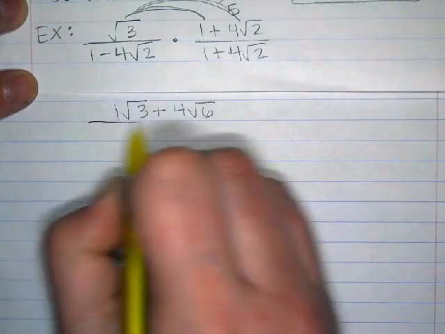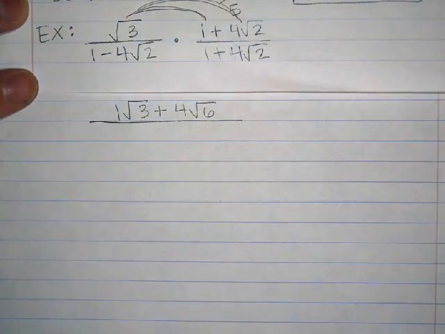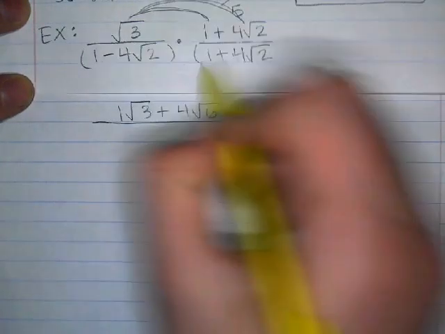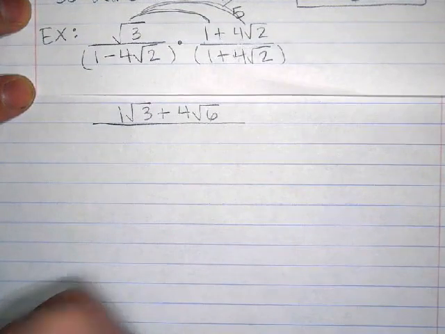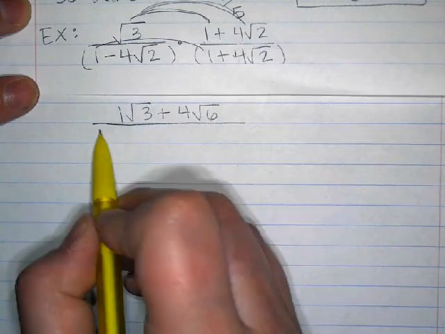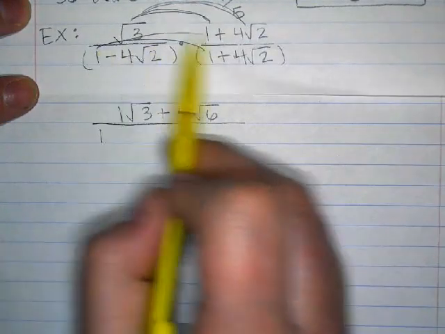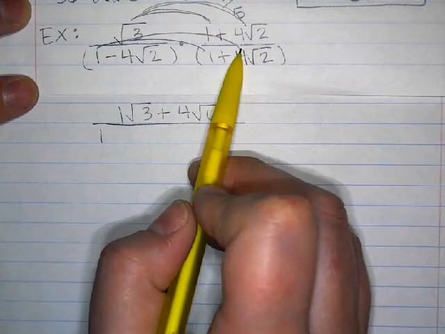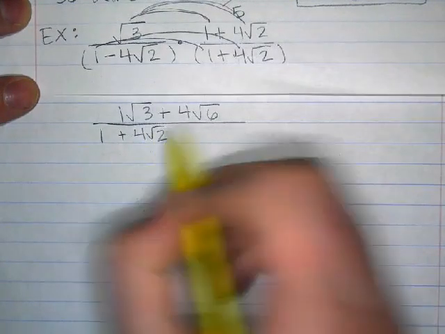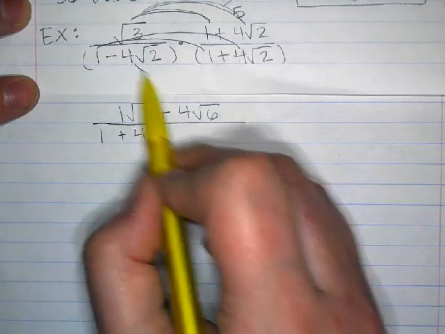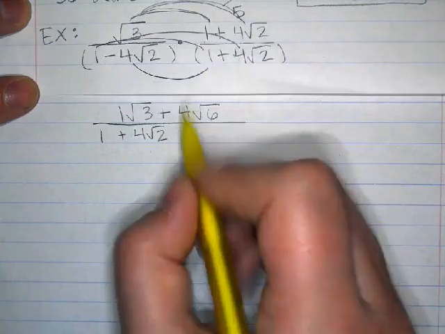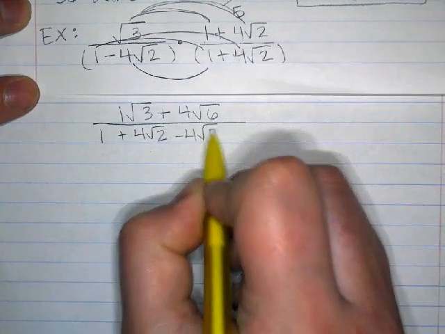All right, and then for the bottom, we got to FOIL it out. 1 times 1 is 1. 1 times 4 root 2 is 4 root 2. Negative 4 root 2 times 1. Negative 4 root 2 times positive 4 root 2.